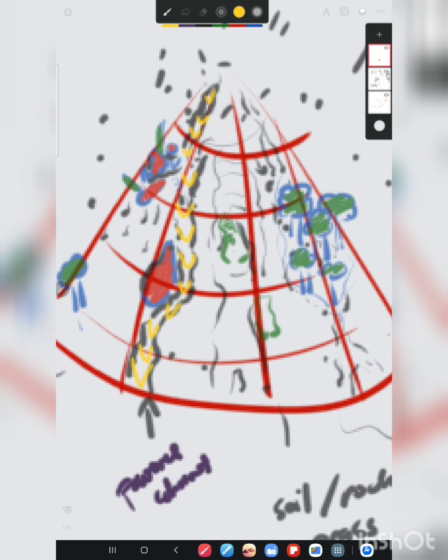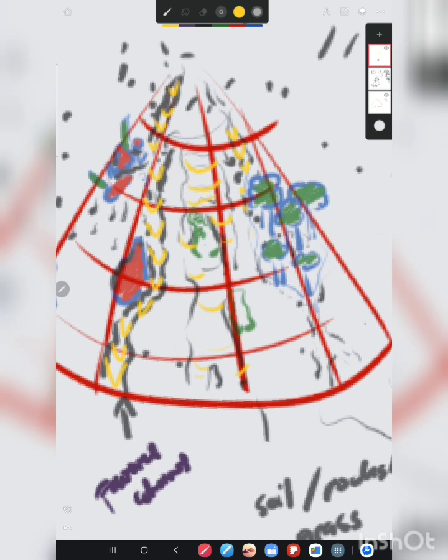And it will keep doing that. This will be very deep because this is a strong channel.